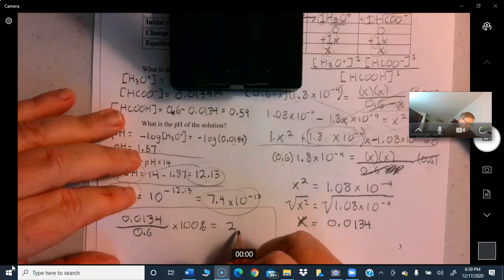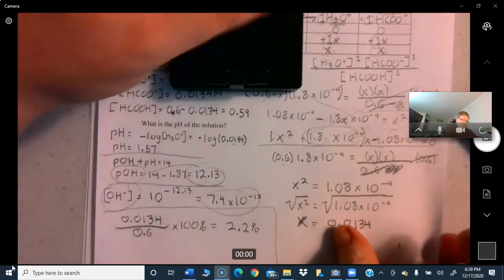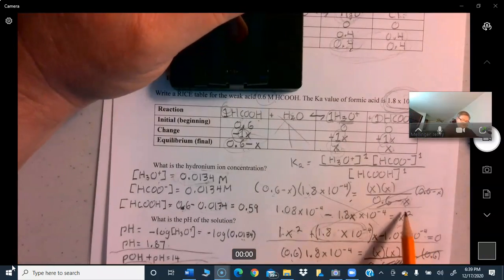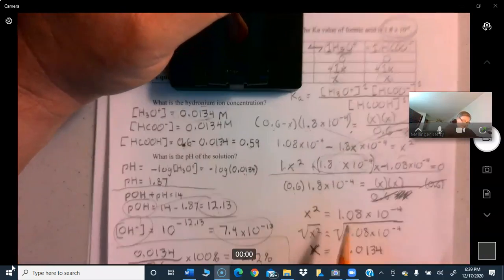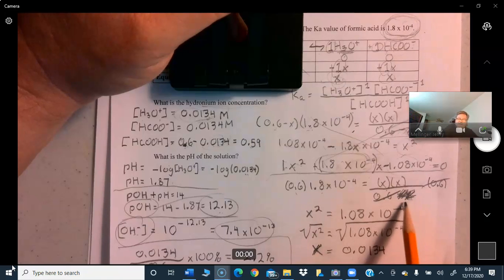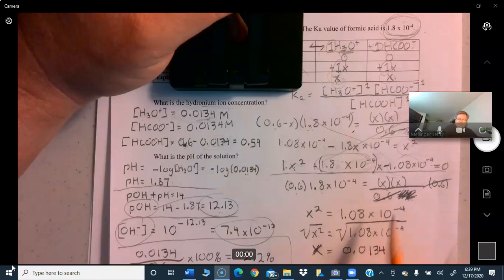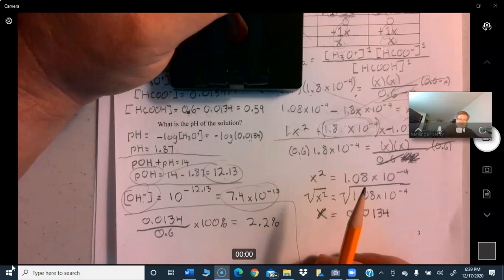And it gives you 2.2%. And that's below 5%. So that means it was valid for us to just take that X, or down here we did it, and just scratch it out, just get rid of it, and only use the 0.6 because it's such a small value compared to 0.6 that it was a valid assumption.